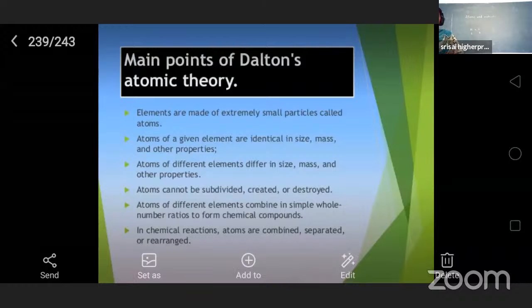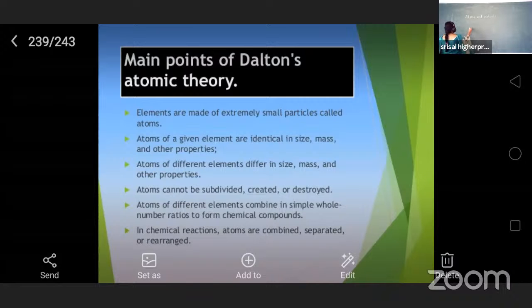So you come to the main points of Dalton's atomic theory. What are the main points of Dalton's atomic theory, students? The first one: elements are made up of extremely small particles.